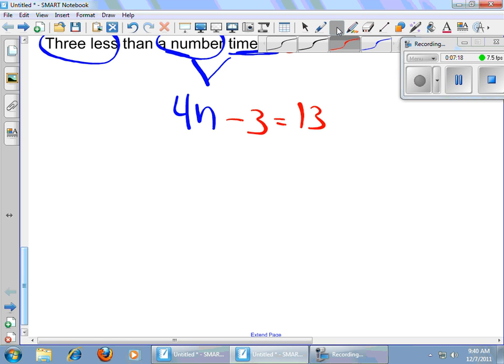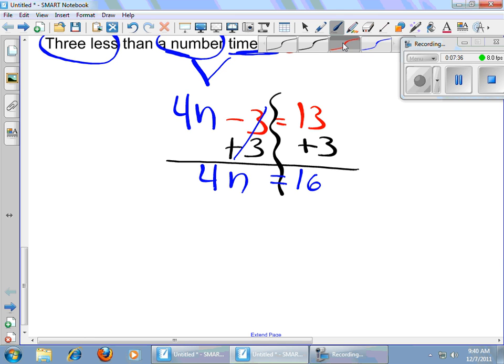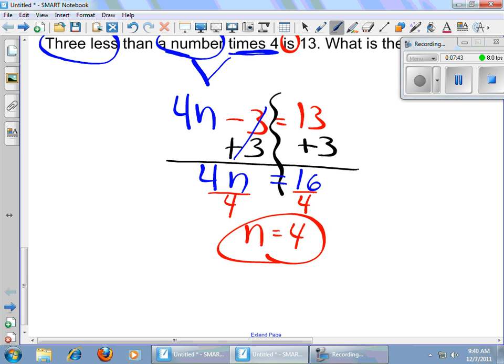All right, Saddam will tell me to add 3 to both sides first. When I add 3 to both sides, I will get 4n. The 3's will cancel, and I'll be equal to 16. The n is not alone. I'll divide by 4, n will equal 4. The number must be 4.